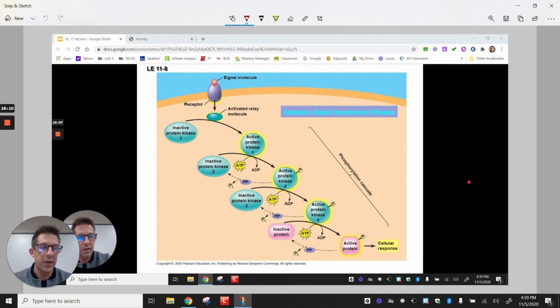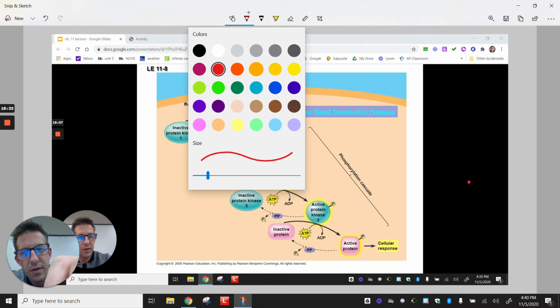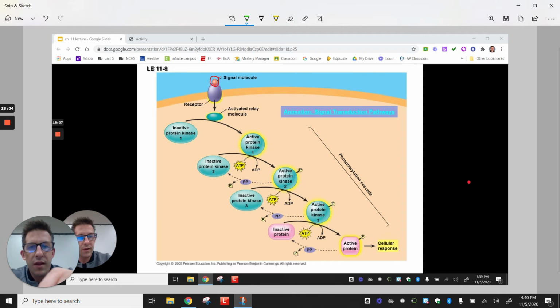This particular picture is kind of like the capstone. It's the one where you finally get some of the answers and get all the stuff put together in one singular spot. So let's talk about it from the very beginning. Let's talk about the reception of the signal molecule, which we see up here. The ligand, let's use this bright green, I don't like that at all, we'll go back to red, has bound up to the receptor molecule.